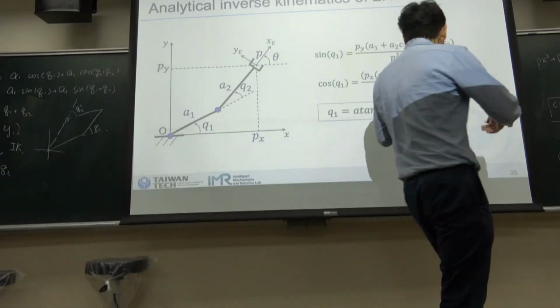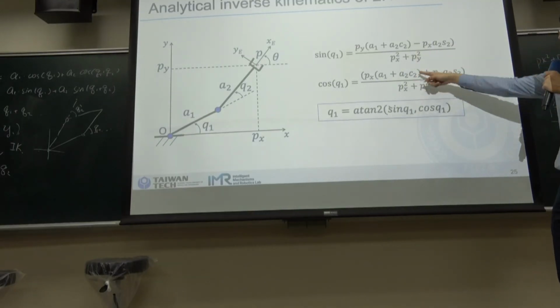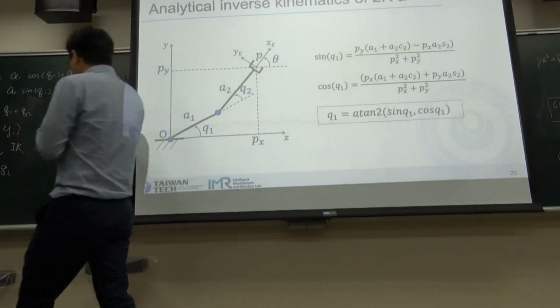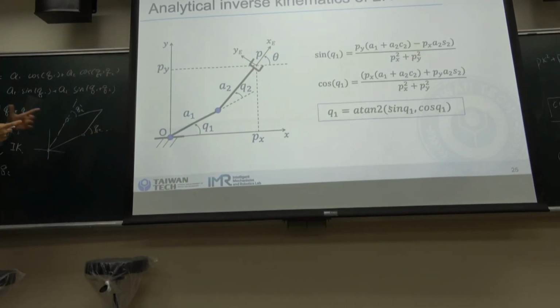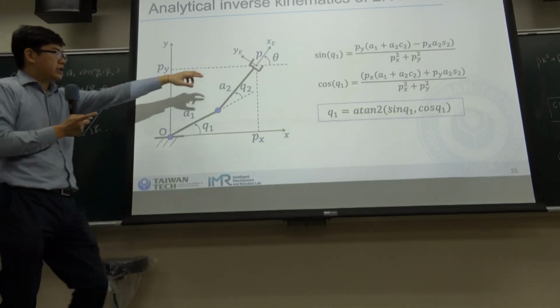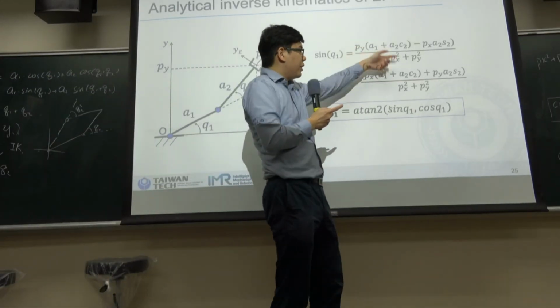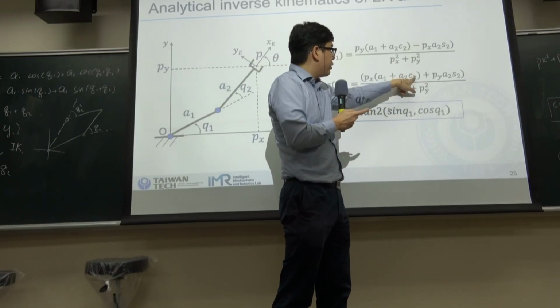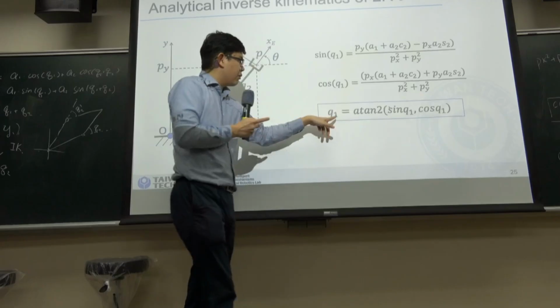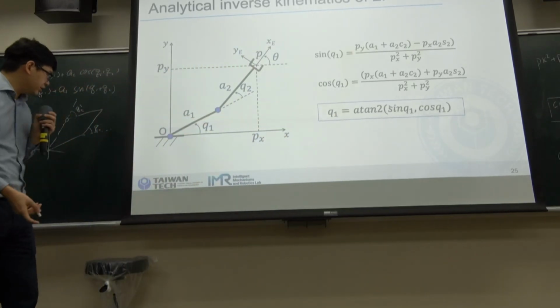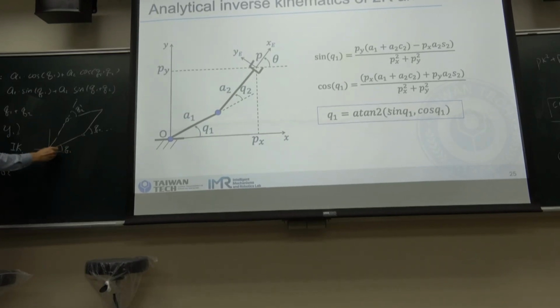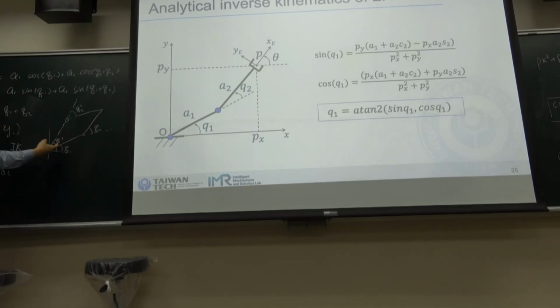So beware that there will be a q2 in your equations. So we need to substitute our q2 derived from earlier into these two equations. And there will be two equations, meaning a positive q2 and a negative q2. So there will be two q1 solutions. The first q1 solution is over here, and the second q1 solution is over here.